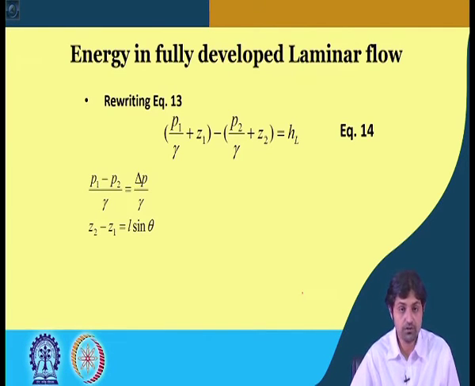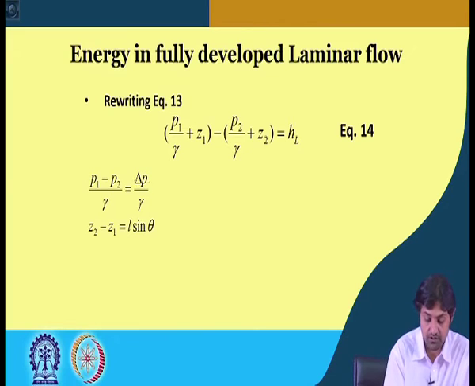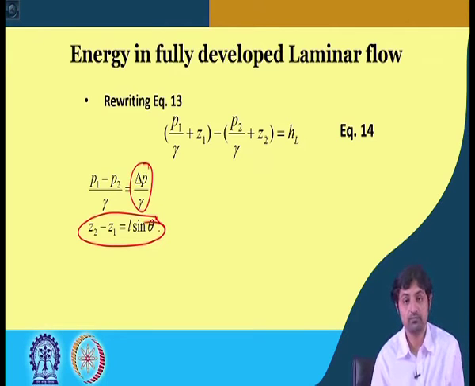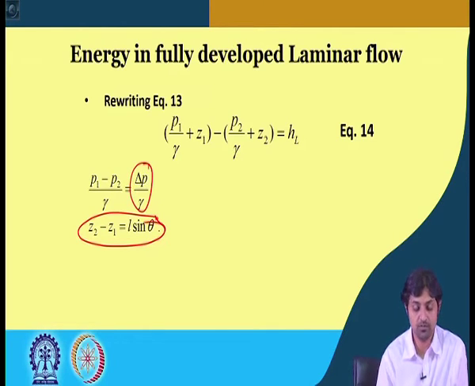So, what we are going to get is P1 minus P2 by gamma, which is delta P by gamma. Z2 minus Z1 we can always write as L sin theta, the datum, if the slope of the bed is theta.